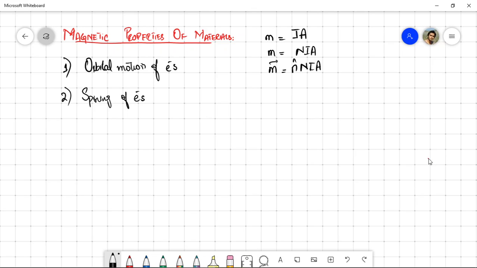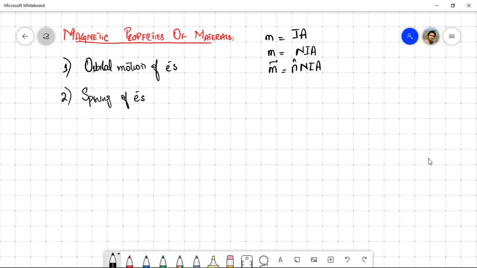He's saying that how a material acts in a certain way in the vicinity of an external magnetic field is because of that cumulative magnetic moment of an atom, and the interaction of that magnetic moment with the external magnetic field.